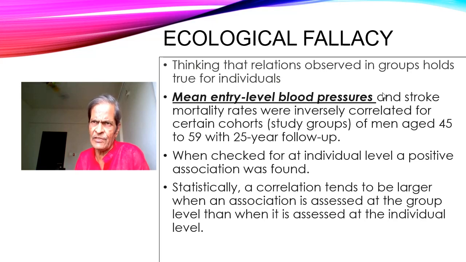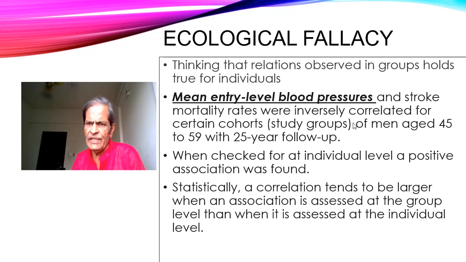The records of these persons were then examined, the mortality was found out, and it was found to have a positive association. So at a group level, when the means of the groups were checked with the mortality rates of that particular group, an inverse relationship was found.